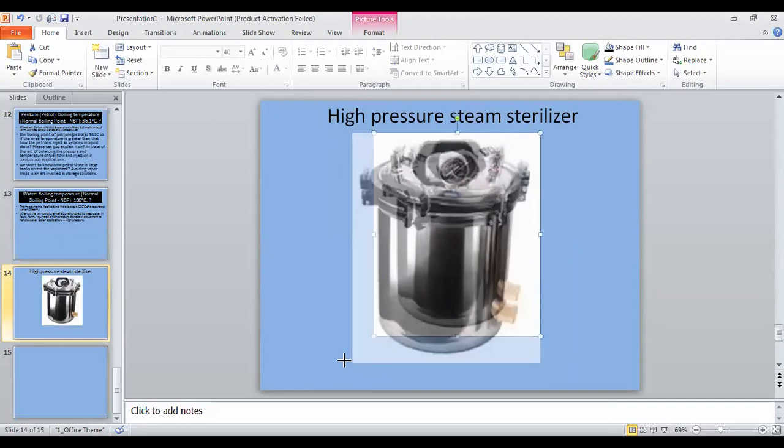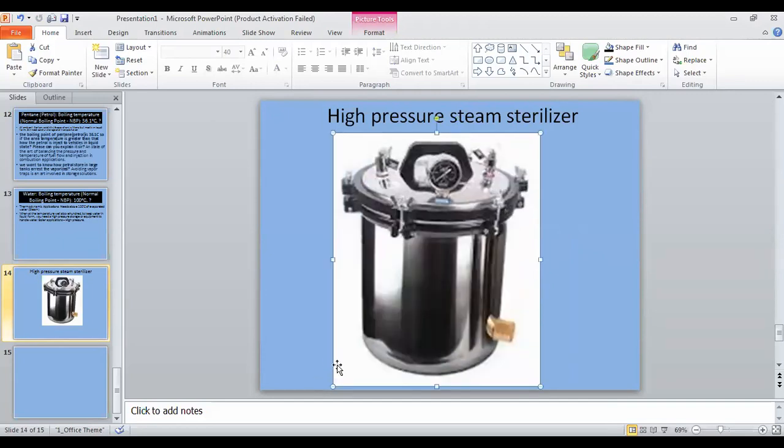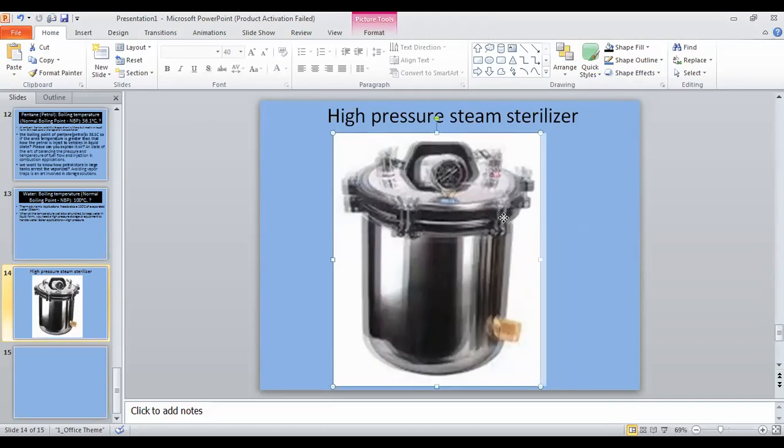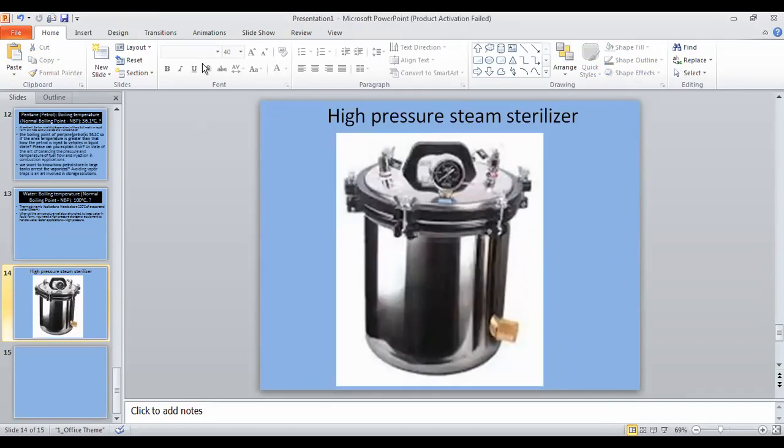Why I need to make it bigger? Yes. So this is a steam sterilizer, a high pressure.